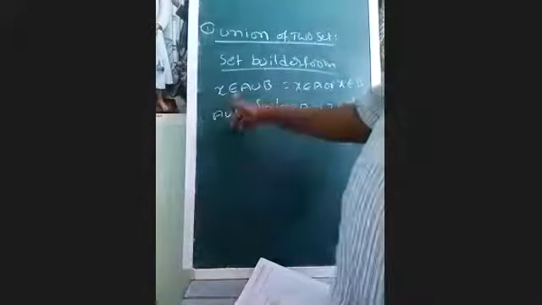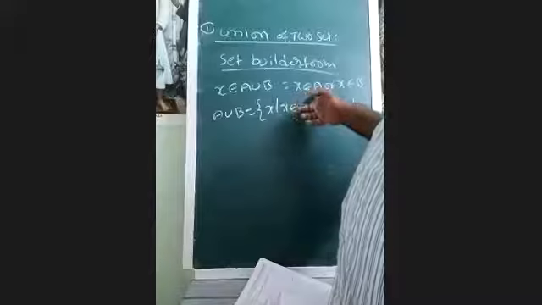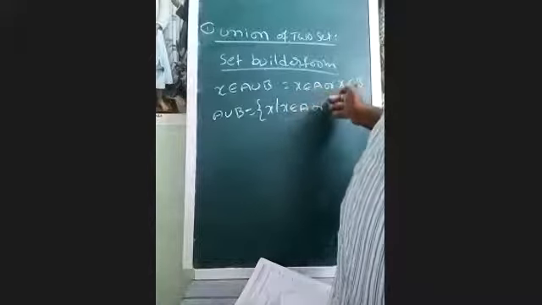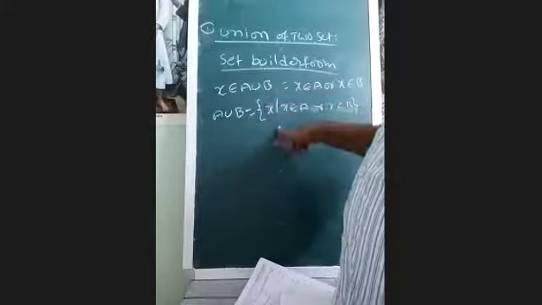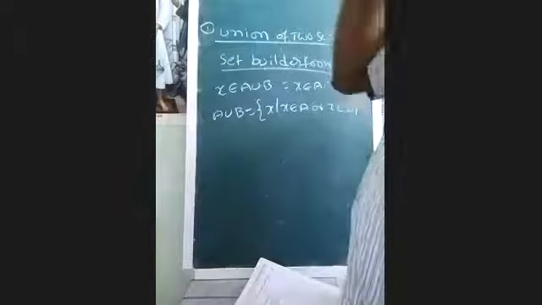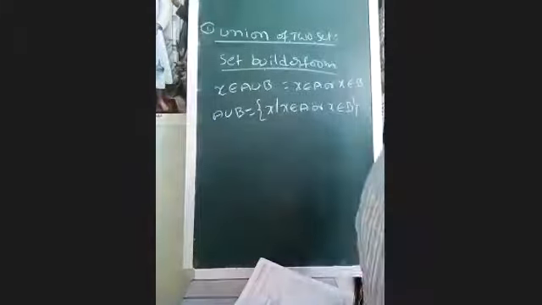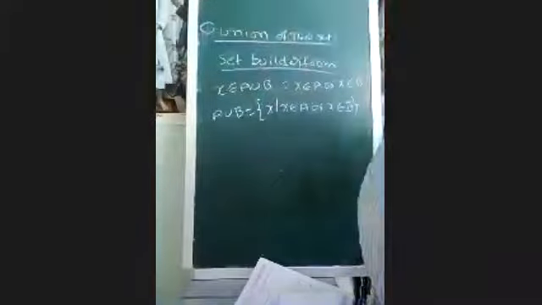Observe, X belongs to A union B, I mean, X belongs to A or X belongs to B. Then this is called union of two sets.